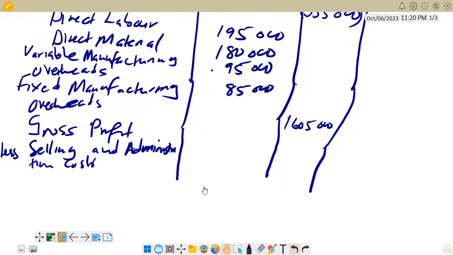What are selling and administration costs? Let's start by selling costs. These ones we are going to get in the question. If you come back to the question, let's go back and check the figure for selling.